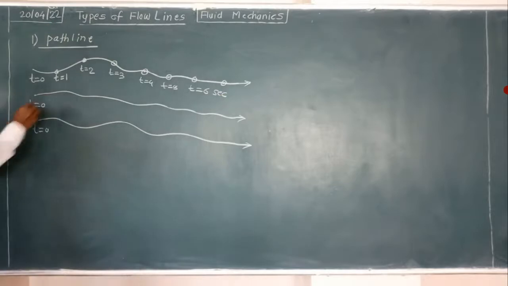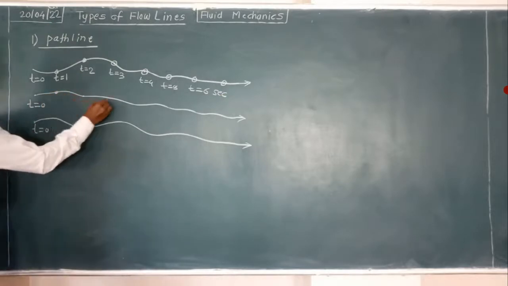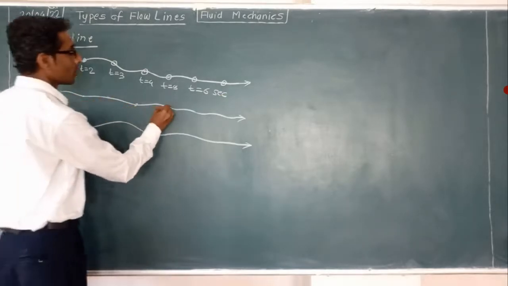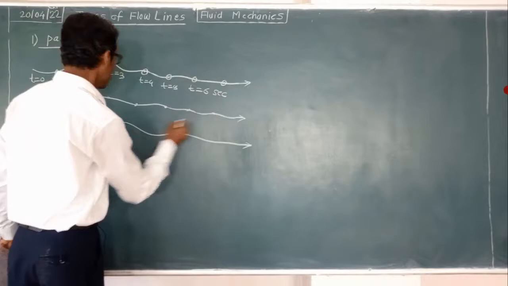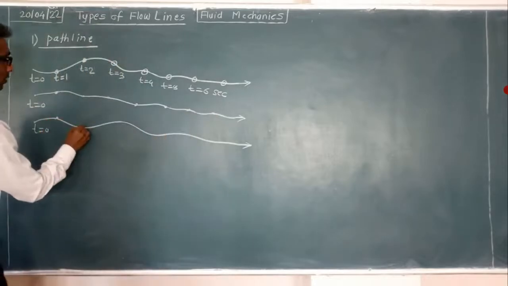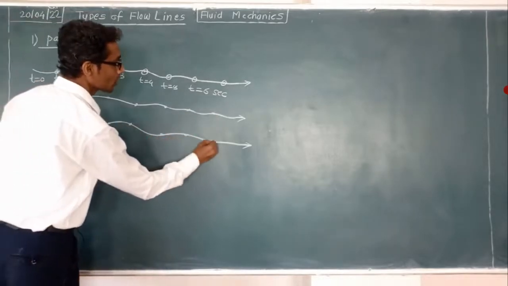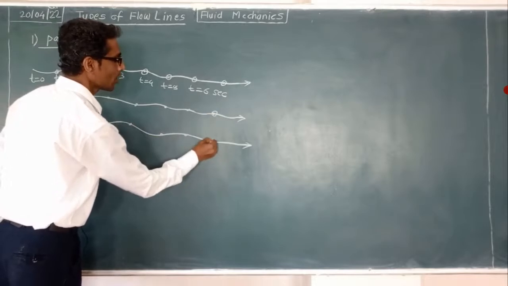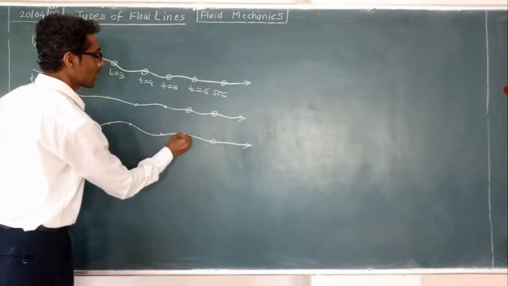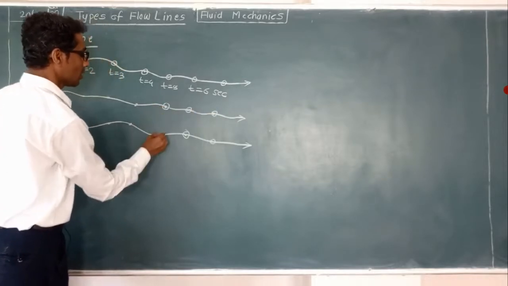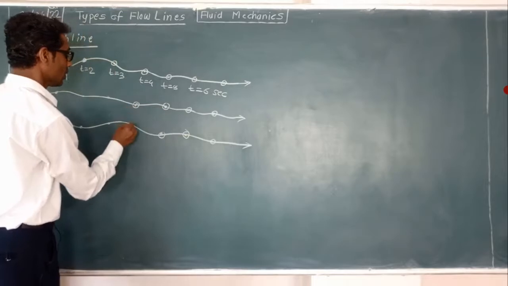Such kind of representation is called a path line. It has no definite order while showing such flow: these lines are neither parallel nor crossing.